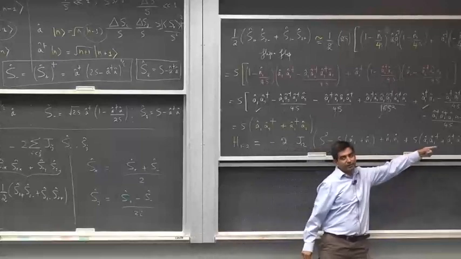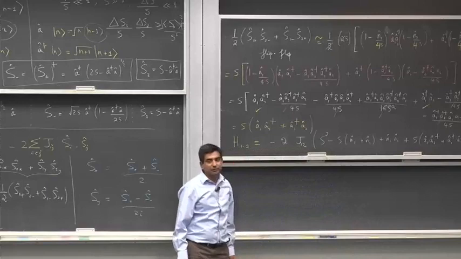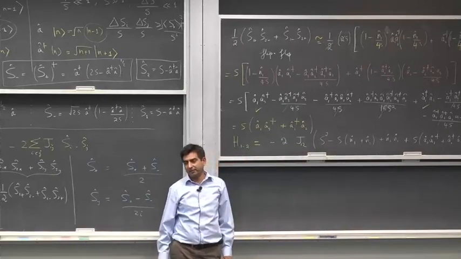This kind of Hamiltonian is called a Hubbard Hamiltonian or a tight binding Hamiltonian.